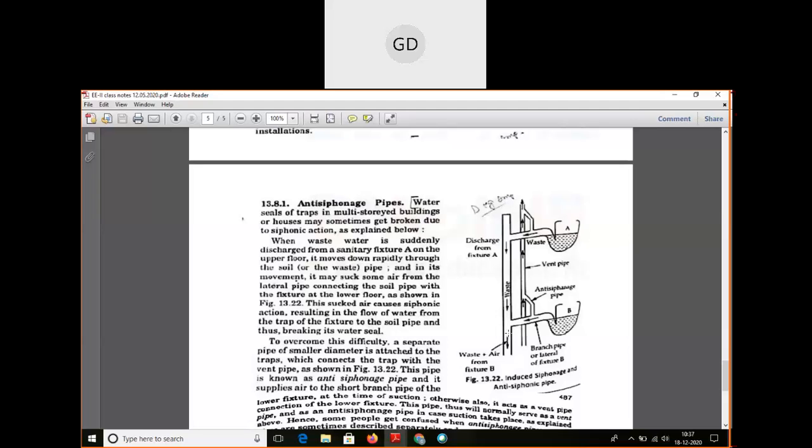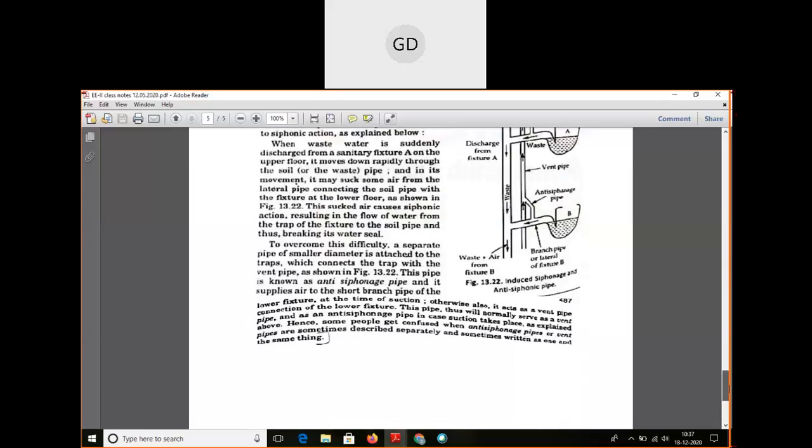This smaller diameter pipe is known as your anti-siphonage pipe, and it supplies what? It supplies air to the short branch pipe of the lower fixture. So basically this is the work of your anti-siphonage pipe.